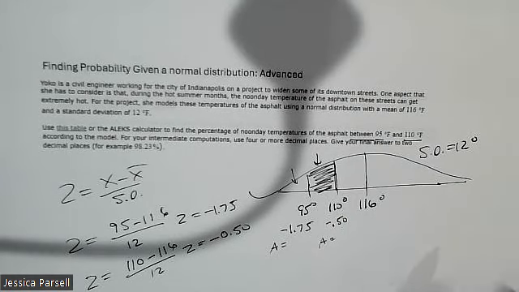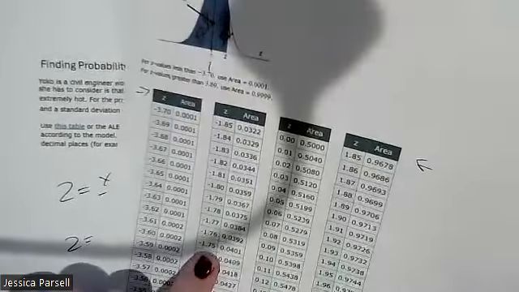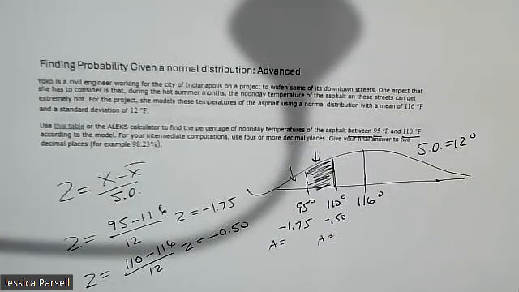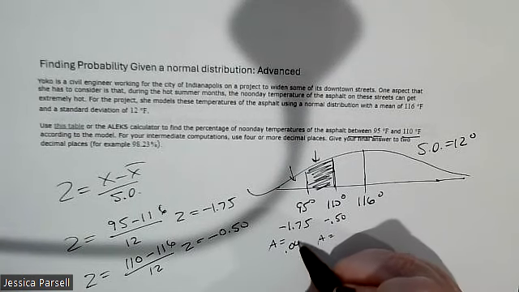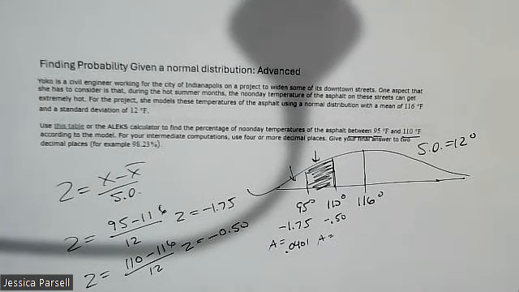So if I go to my z-score charts and find negative 1.75, which is right here, I get 0.0401. And for negative 0.50, 0.3085. These parts are so much fun to dig through.